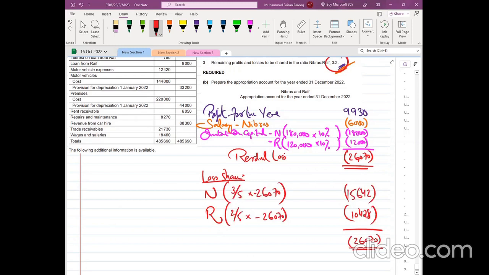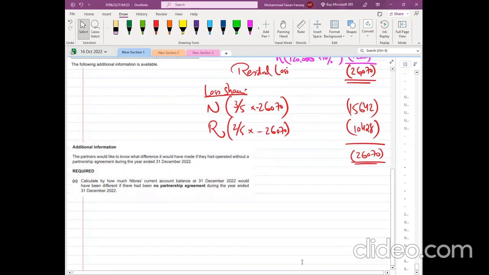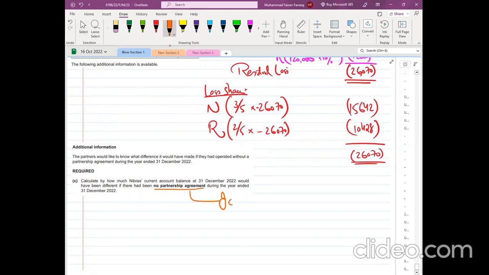Then the next requirement. They are asking you to calculate by how much Nibras's current account balance would have been different if there is no partnership agreement. This theory we used to discuss when we were doing this chapter from the book. I told you, if there is no agreement, there is no interest on capital, no interest on drawing, and no salary.